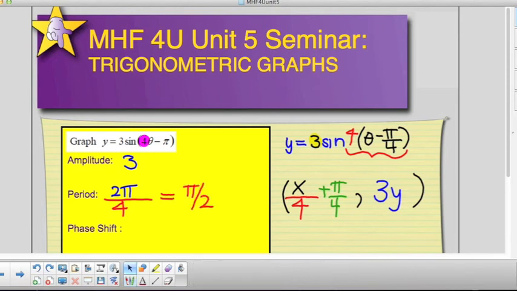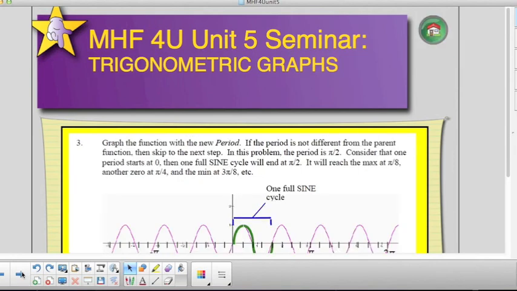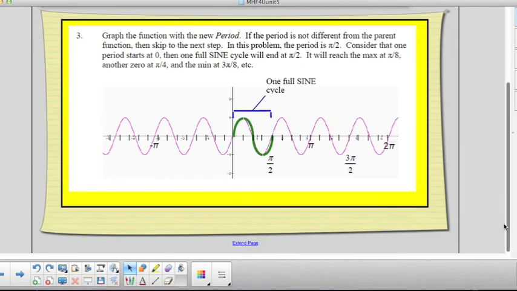So just to take a peek at the graph for a second, whereas before it was going to take the whole 0 to 2 pi to complete one full cycle, now I'm compressing the graph horizontally so that one complete cycle gets finished in 90 degrees.